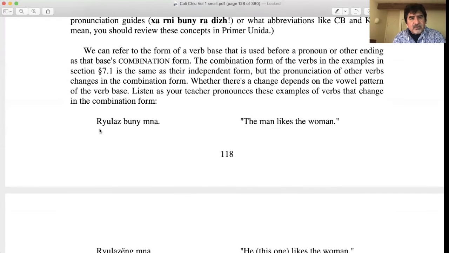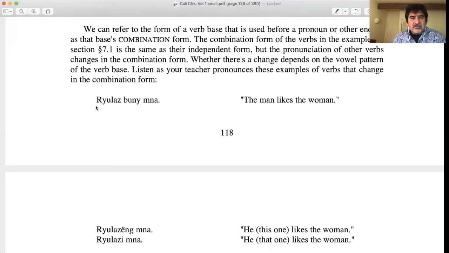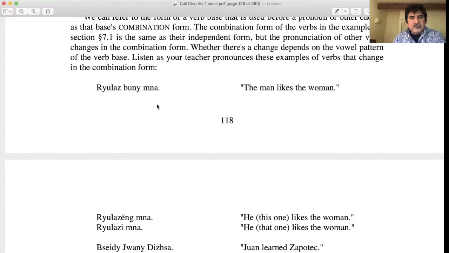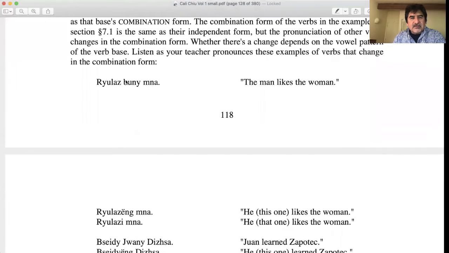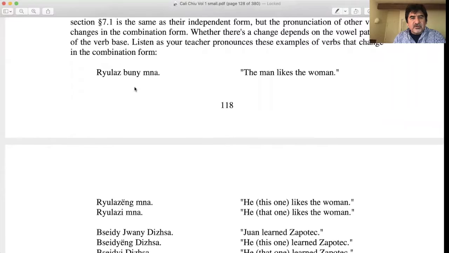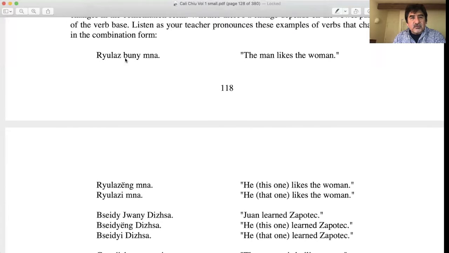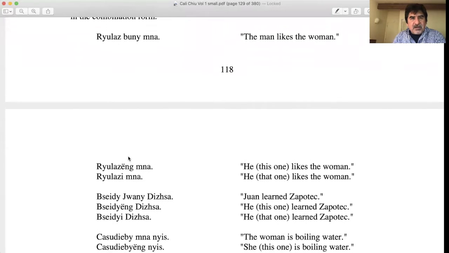Now we're going to be looking at how it actually works when we have pronoun combination. So here we go. The man likes a woman, and in Zapotec we say Rulas bunyamna. So how do we go about changing this into pronouns? This is the one who is doing the action, the liking of the woman. So you can say Rulasngamna.